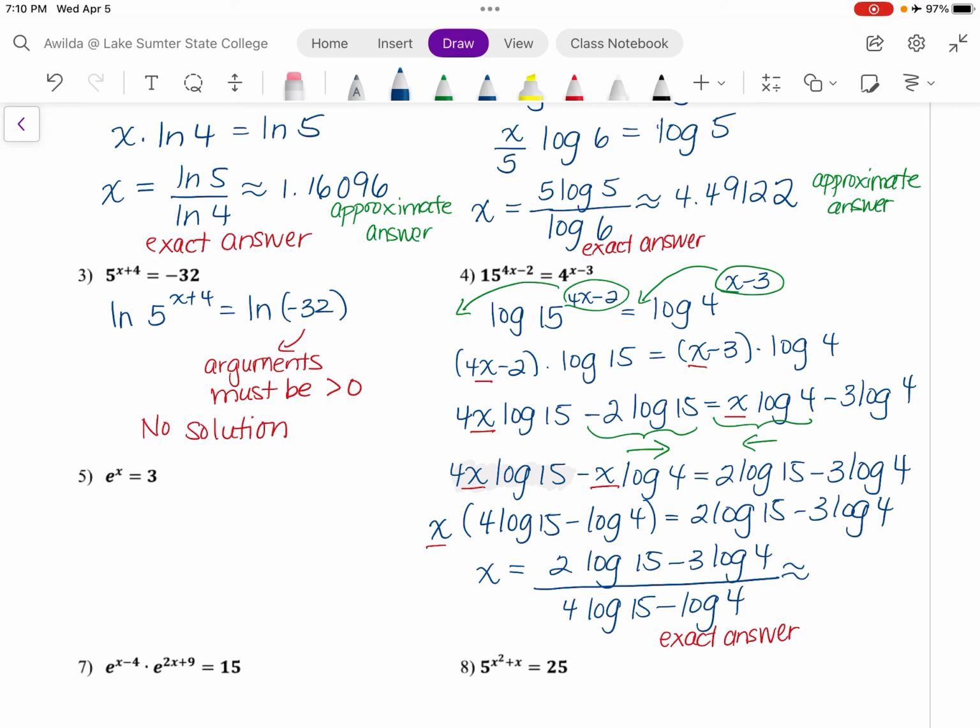I'm going to write some intermediate steps here. And I always get a little nervous when I have a lot of things to type, but writing down all your steps and then using what you think is a solution to substitute back in to just check to see if it makes sense, that's what I would suggest you do.